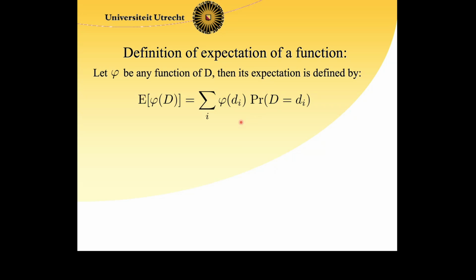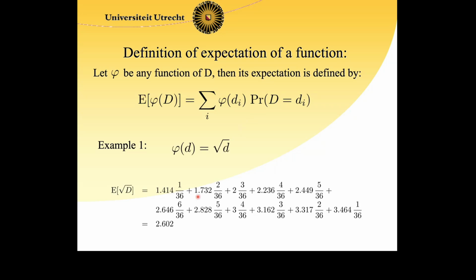For instance, if our function is the square root of d, d being a possible outcome of the throwing of two dice, then the expected value of the square root of d is 1.444. That's the square root of 2 times 1 over 36, plus the square root of 3, plus the square root of 4, and so on, all multiplied by their respective probabilities, and we end up with this number here.